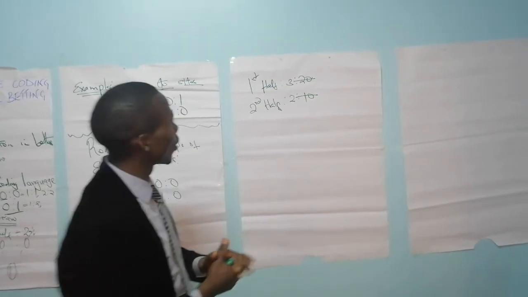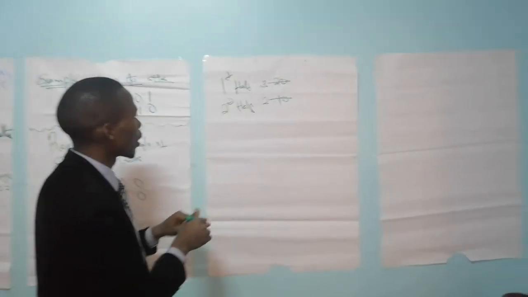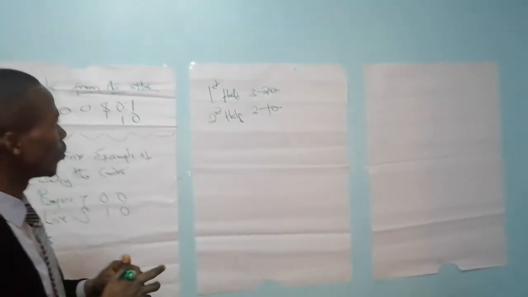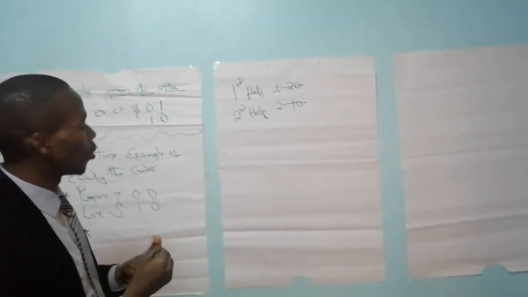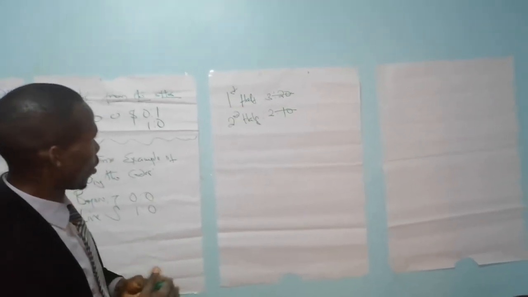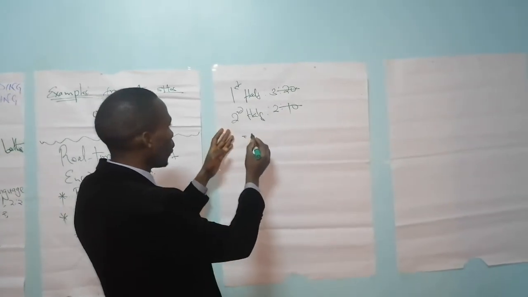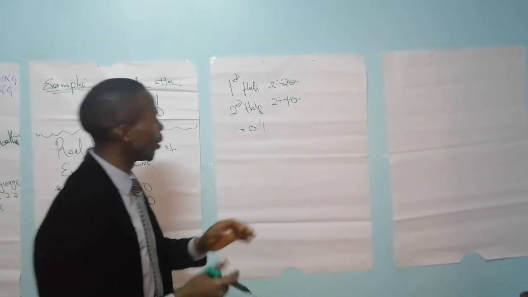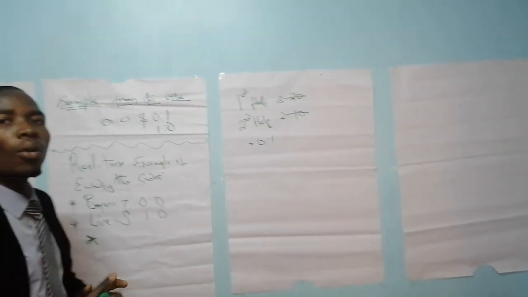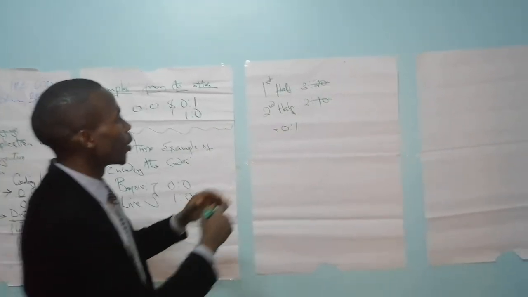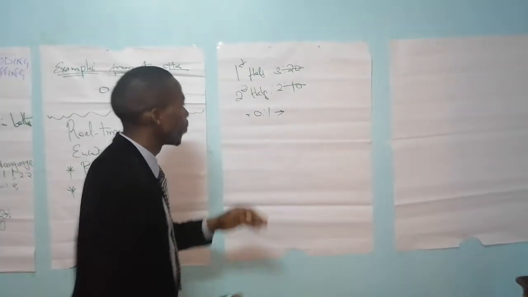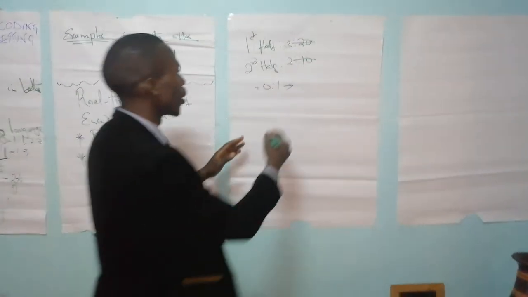In any way, let's assume, in the event of a 0-1 result, what is required of you? Remember, this is result 1.